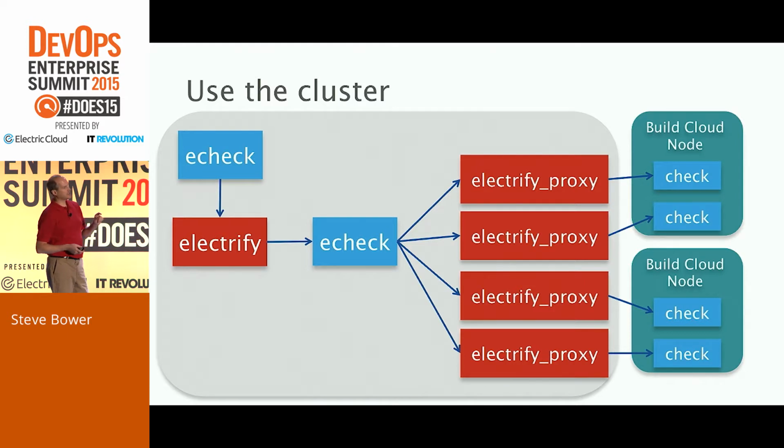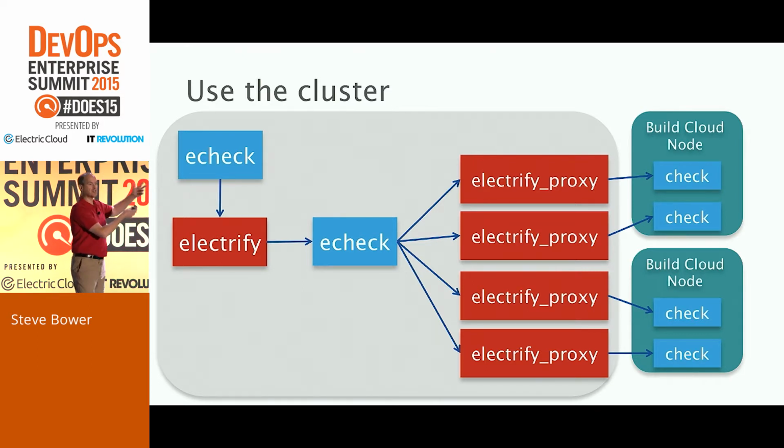In this particular situation, the checks that he's doing are fairly CPU intensive, but not very I/O intensive. So what this meant was that he was able to separate the eCheck run itself from the build cluster geographically.